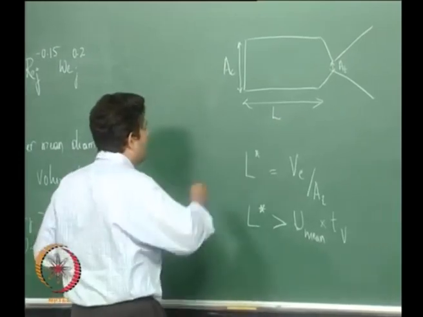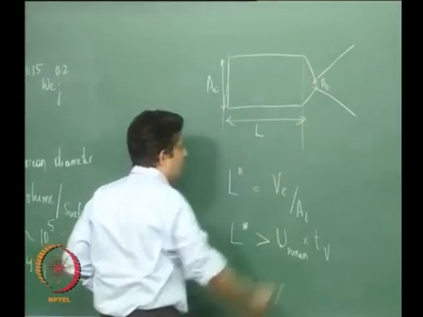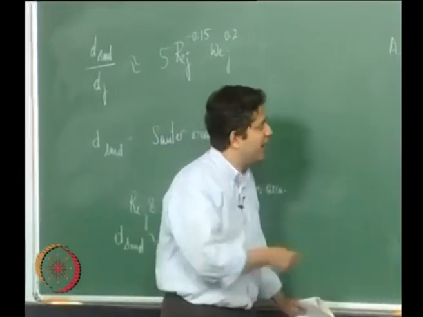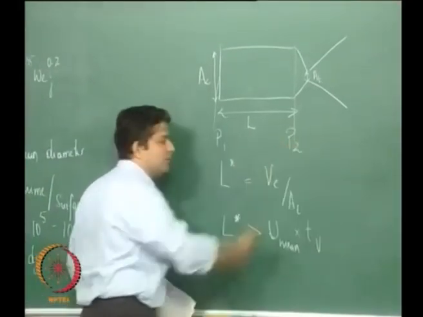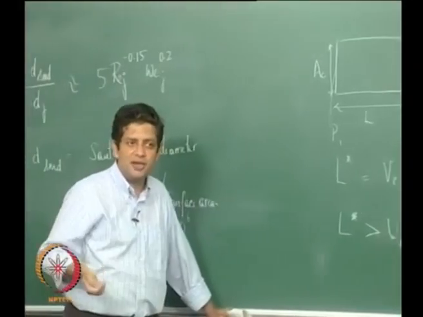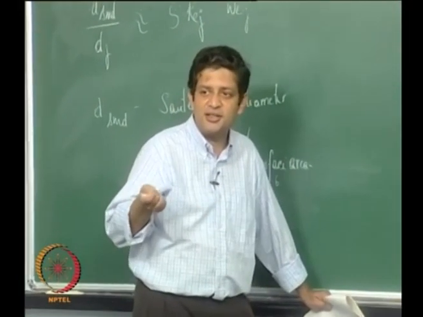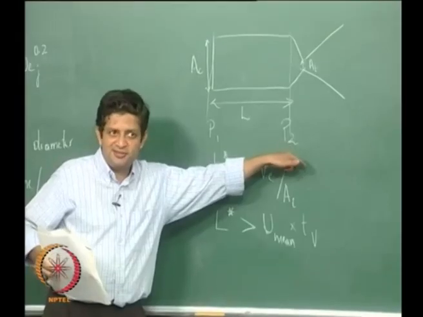Now this is a chamber in which you are adding heat, so therefore the pressure from head end to nozzle end is going to drop, right. But for all our calculations of thrust and other things, what we are interested in is this pressure.